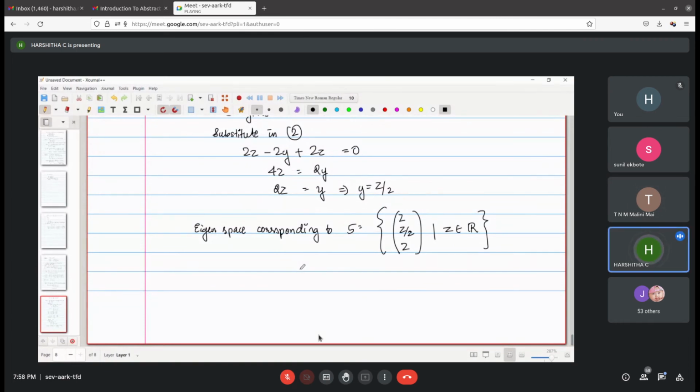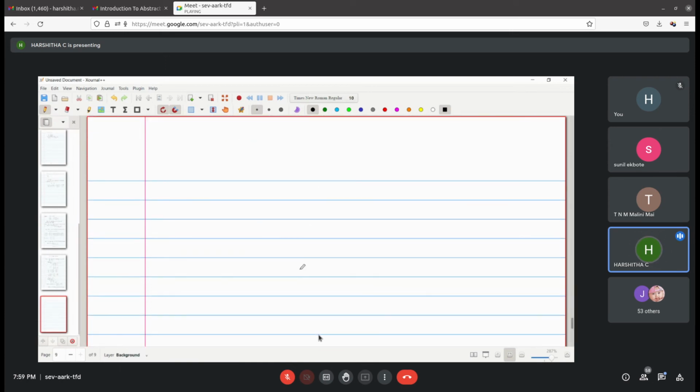So here you can say that the algebraic multiplicity of 5 is equal to the geometric multiplicity of 5, which is equal to 1. Similarly, you can do the eigenspace corresponding to 3.